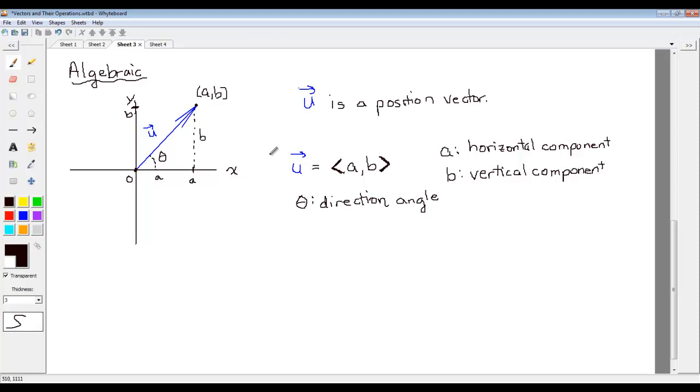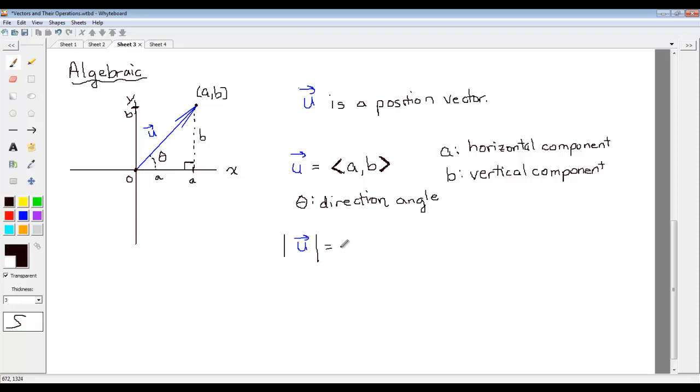The magnitude and direction are related to these components. What you've really got here is like you're back at the unit circle or back at right triangle trigonometry. You've got a right triangle here. The magnitude of the vector u, the position vector, the length of that, can be found basically using the Pythagorean theorem.